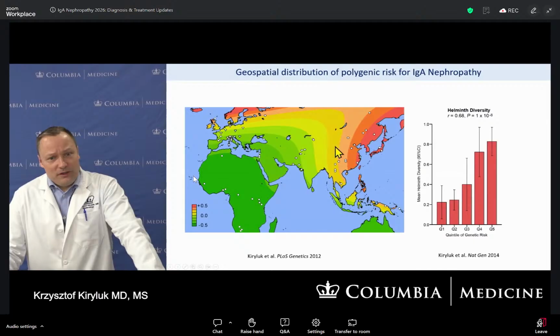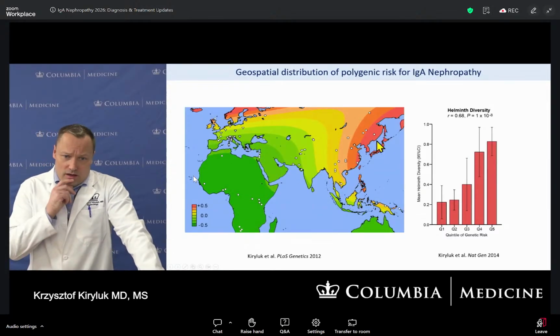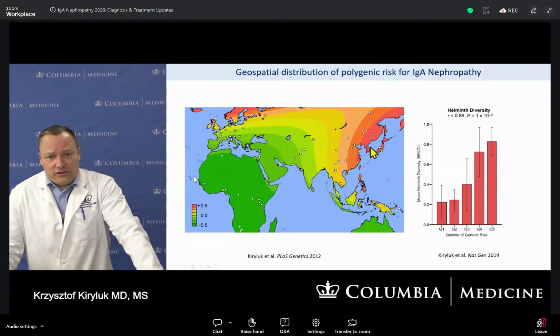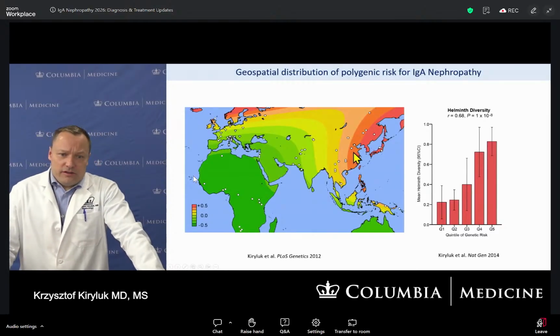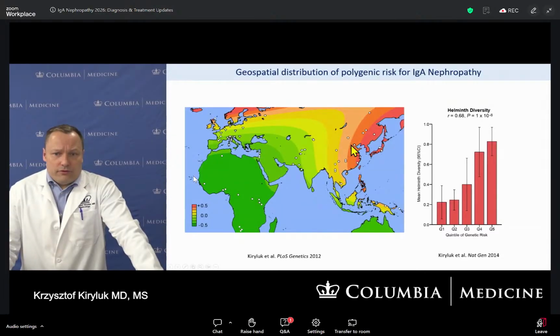And in fact, when we correlated various ecological factors collected for these native populations across the continents, the strongest correlation that we observed was with pathogen diversity and specifically helminthic diversity across the continents, suggesting that perhaps there is a process of polygenic adaptation over human generations, increasing the frequency of IgA nephropathy risk alleles in certain populations in response to exposure to infections.